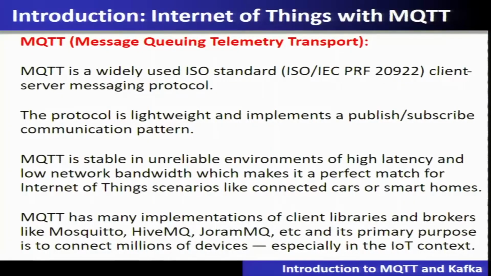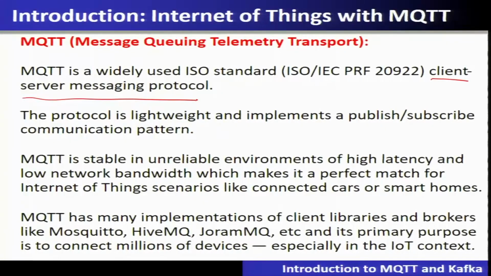MQTT full form is Message Queuing Telemetry Transport. This is one of the most important messaging protocols used for Internet of Things. MQTT is widely used, is an ISO standard, and works on the basis of a client server messaging protocol.